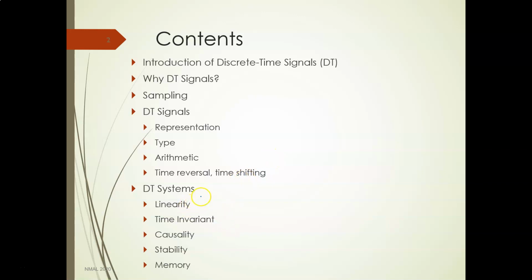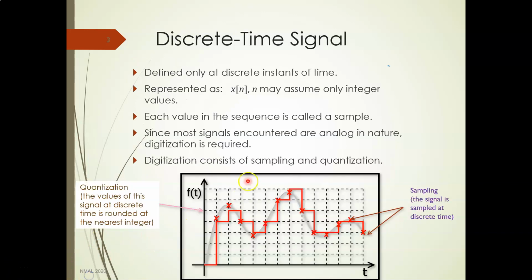Then we're going to have systems, in terms of linearity, time invariance, causality, stability, and memory. All of these types of systems you have learned before in continuous time, but now we are going to apply them to discrete time systems.